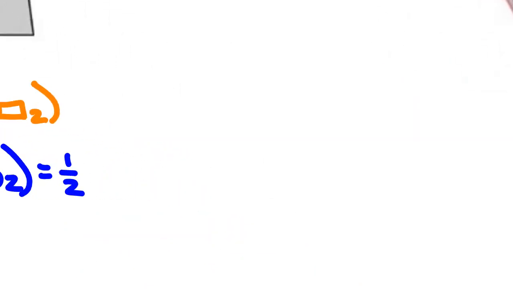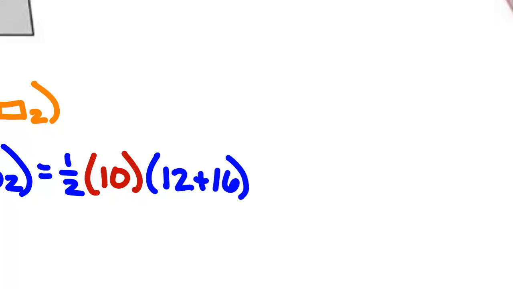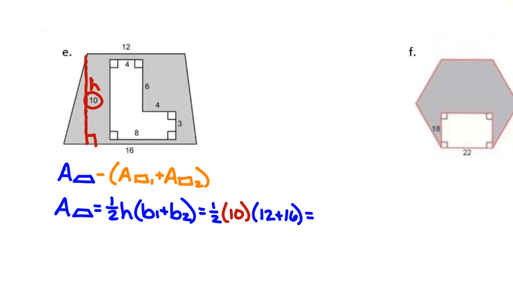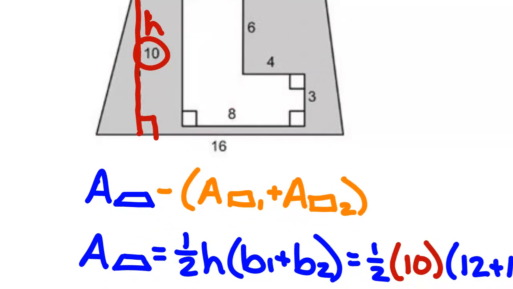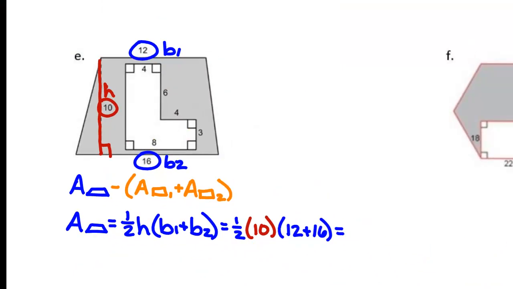So that's what I'm going to put right after the 1/2. And then how big are my bases? 12 and 16. So we're going to add the 12 and 16 together. So what is 1/2 times 10 times 12 plus 16? Remember, you have to add the 12 and the 16 either in parentheses or add them together before you times them to the 1/2 and the 10.